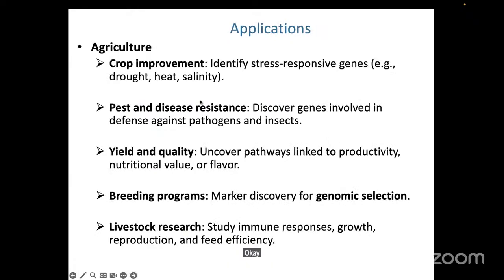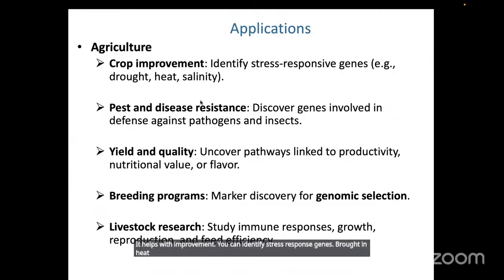Okay. So why do we study RNA-seq? Because RNA-seq, like metagenomics, has application in agriculture. It helps in crop improvement. You can identify stress response genes, maybe in drought, heat and salinity, also pest and disease resistance.